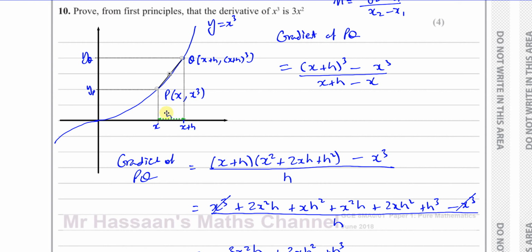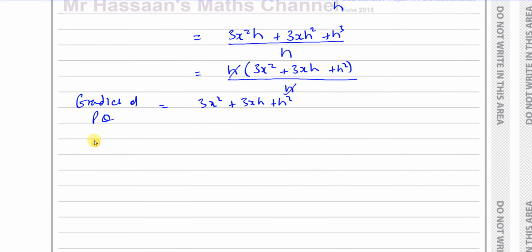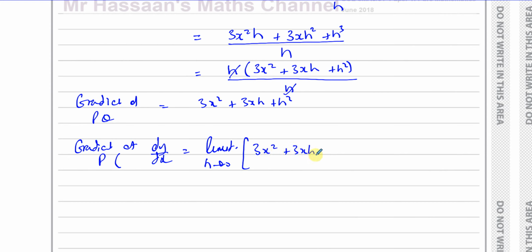As h, which is this distance here, gets less and less, the point Q gets closer and closer to P, and the gradient of this chord becomes the same as the gradient at P. So we can say the gradient at P, which I'm going to call dy/dx, is equal to the limit as h becomes close to 0 of this expression, 3x squared plus 3xh plus h squared.